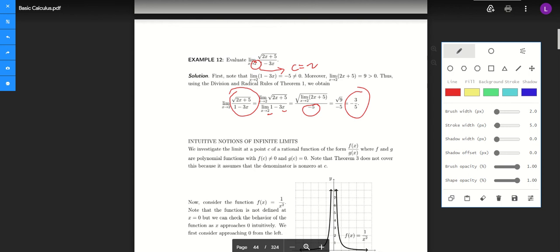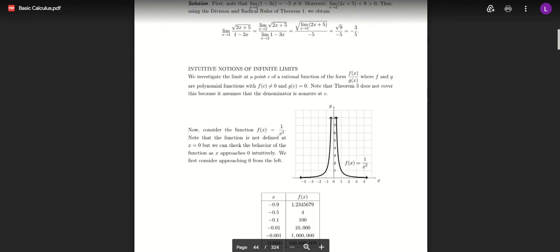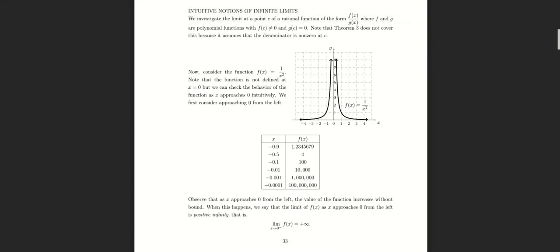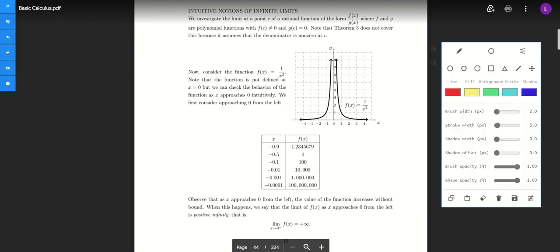Now, we're now down to infinite limits. So we have here certain illustration for us to picture out what will happen every time that our answer for a certain function would be infinite. It's either negative infinity or positive infinity. So 2 ways, but the given function is 1 over x squared.